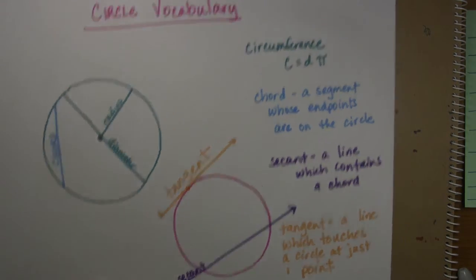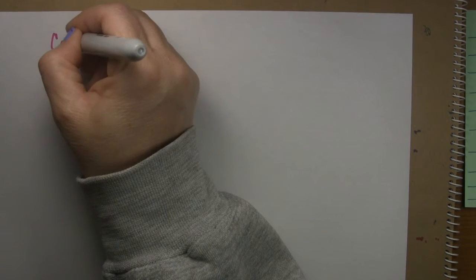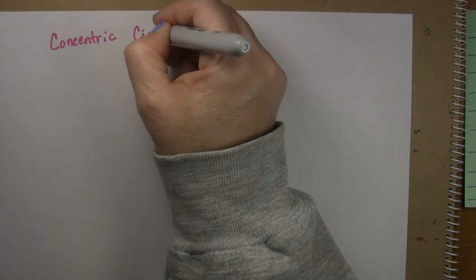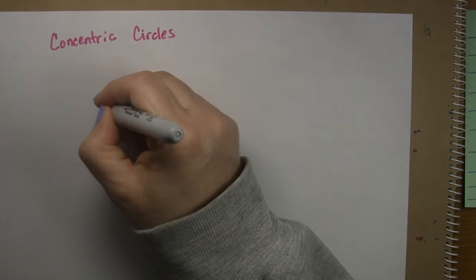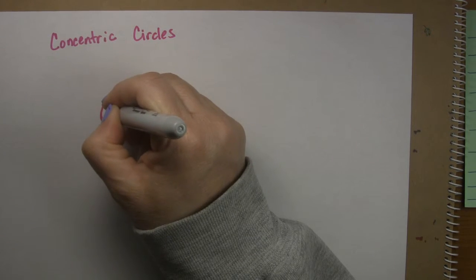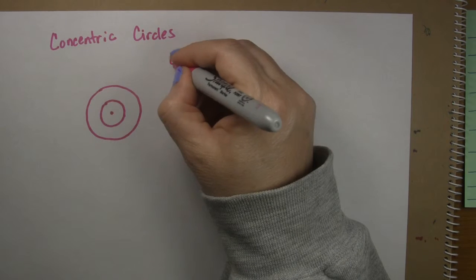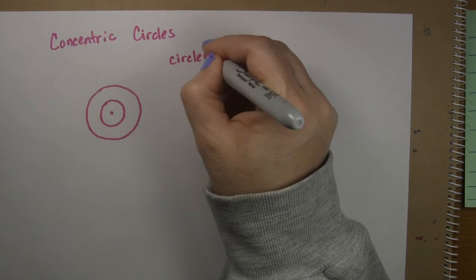There are a few more. You can have what is called concentric circles. Concentric circles. And these are circles that share a common center.